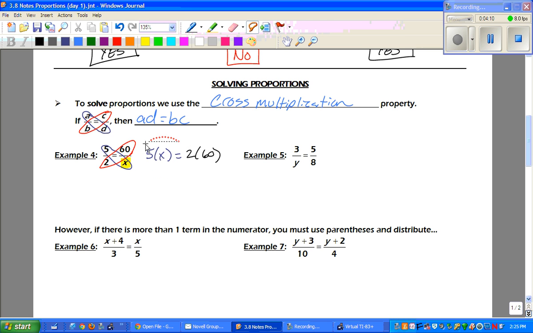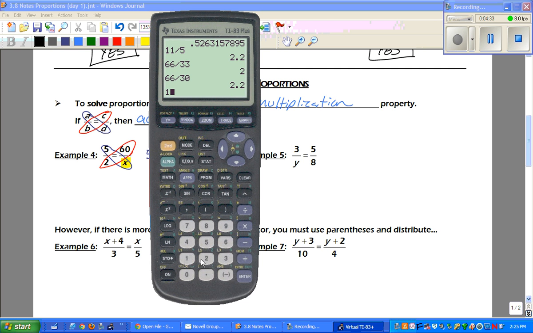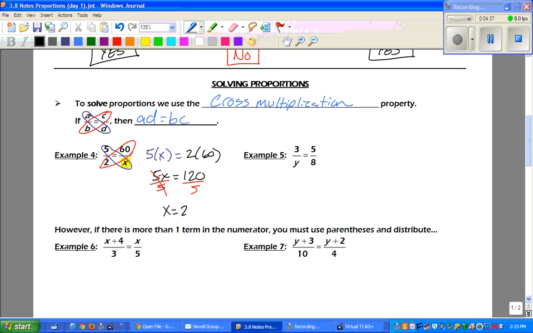So 5 times x is just 5x, and 2 times 60 is 120. Now, to solve this, we need to do SADMAP, reverse order of operations. x equals 120 divided by 5, which gives us 24.